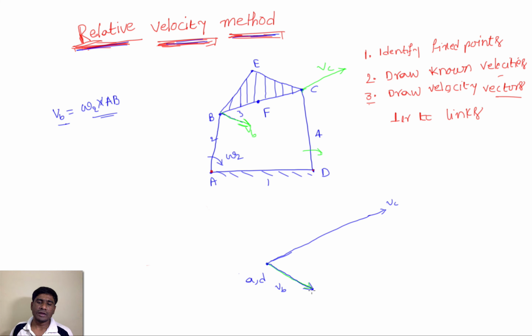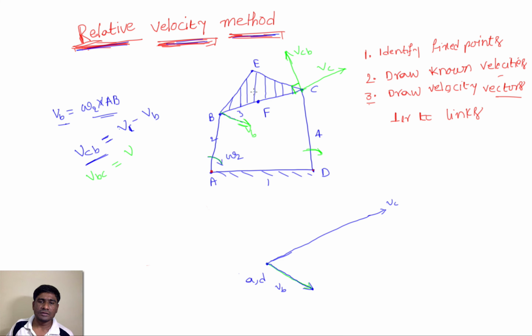And from this end, what is the velocity of C with respect to B? The velocity of C with respect to B should always be perpendicular to the line joining the points. This is VCB, perpendicular to the line joining B and C. C is moving in the clockwise direction.